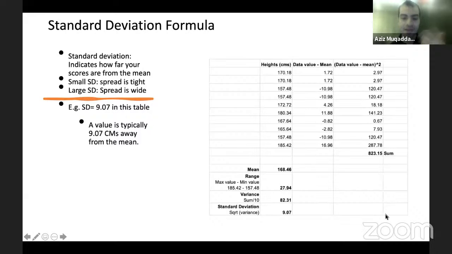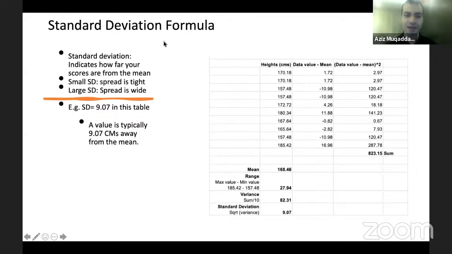And the standard deviation is just the square root of that, because, as we said, in order to get rid of the pluses and minuses, we raise it to the power of 2, and then we take the square root, and so that standardizes it basically.